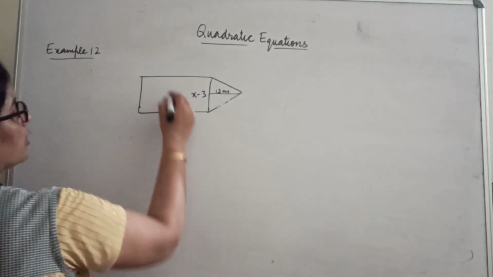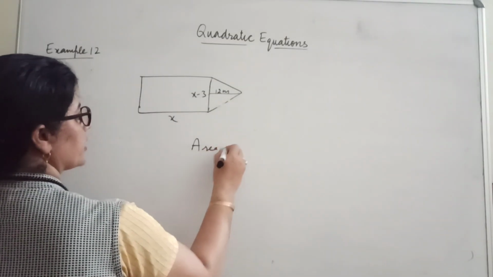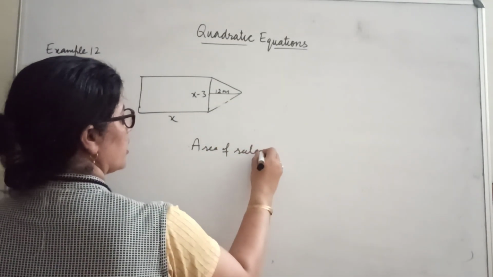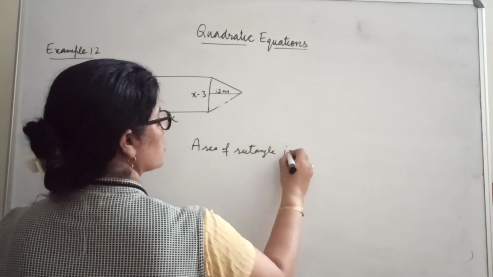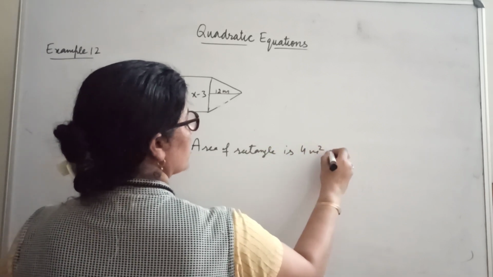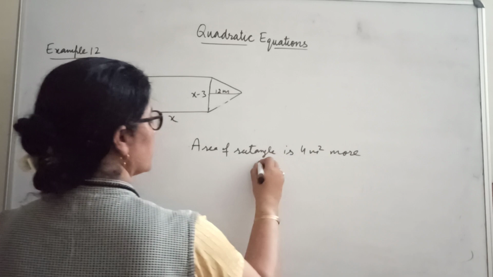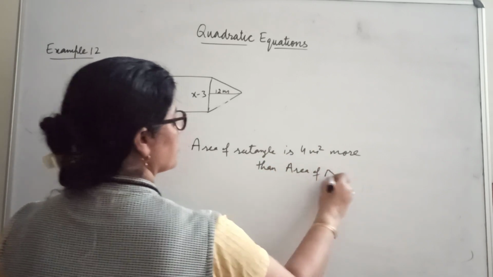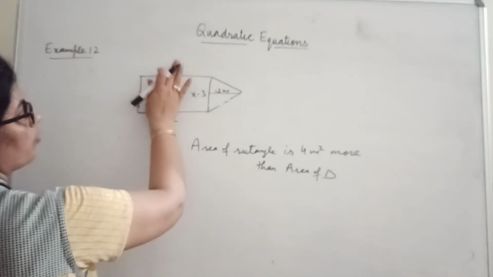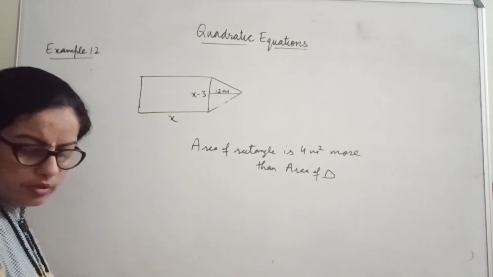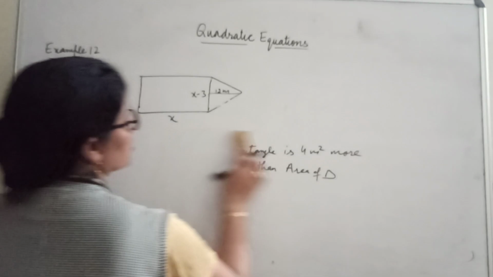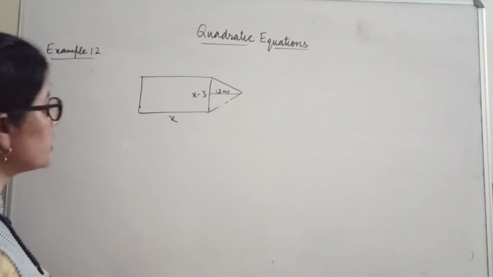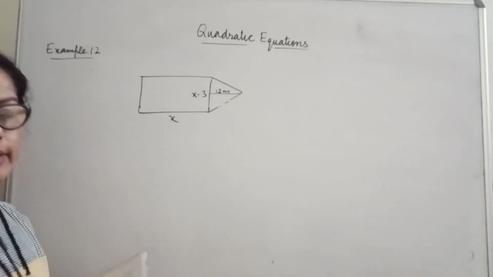And it says the area of the rectangle is 4 square meters more than the area of the triangle. This area is 4 more than this area. This is according to the question. Then it asks: what are the length and breadth of the rectangular park?